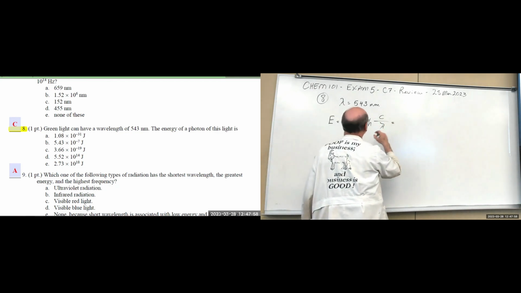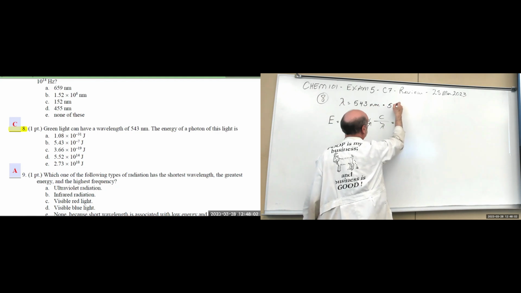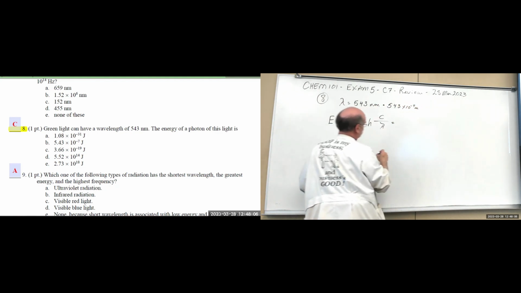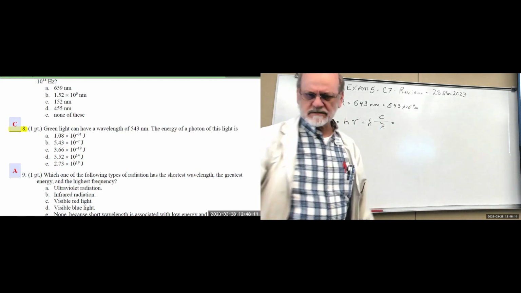Okay, so now we still have to convert this, though. 543 times 10 to the minus 9 meters. Okay, we just need Planck's constant. So what's Planck's constant? It doesn't say there, so you have to look it up. It's in the back, useful information.